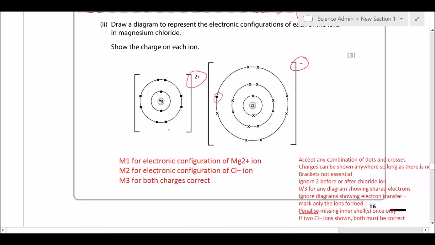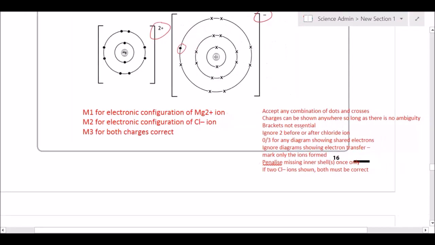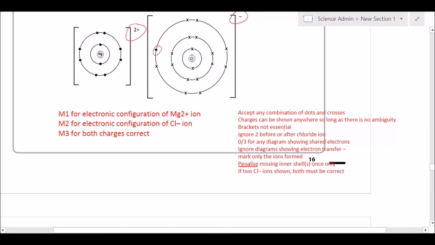So 1 mark was for the correct configuration of magnesium, 1 was for the correct configuration of chlorine, and the 3rd mark was for the correct charges of 2+ and negative. Okay, a little bit more description there if you need it, so you can pause the video if you're unsure.